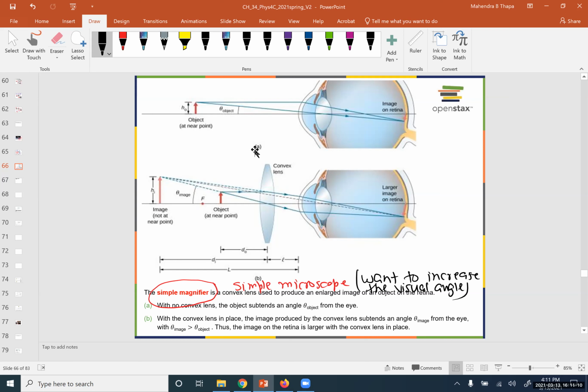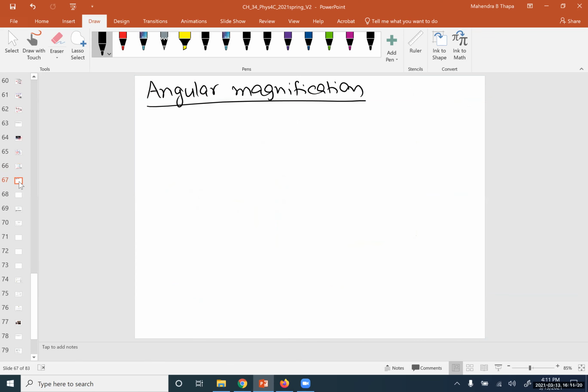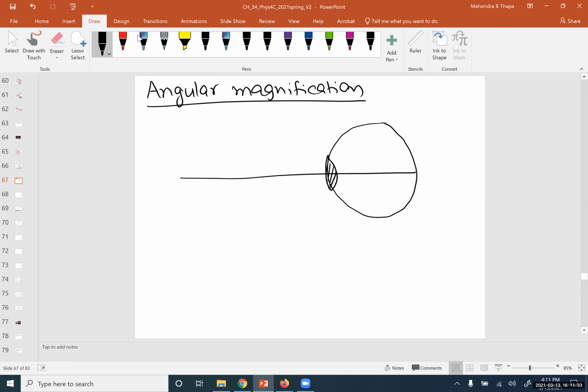So without using any equipment, this object is making an angle theta object. Let's draw this picture over here. I draw my rough sketch of the eye. This is my eye lens. This is the principal axis. This is the retina.